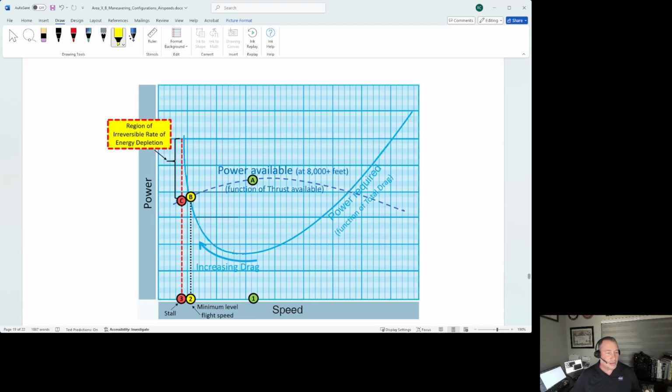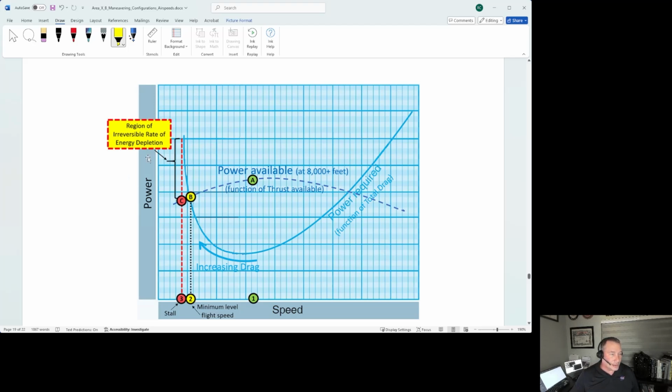As you begin to slow down from point 1 to point 2, from A on the power available curve to B on the power available curve, where it meets the power required curve, you can actually fly at that speed. That's the minimum sustainable airspeed, the minimum level flight speed that you can fly.